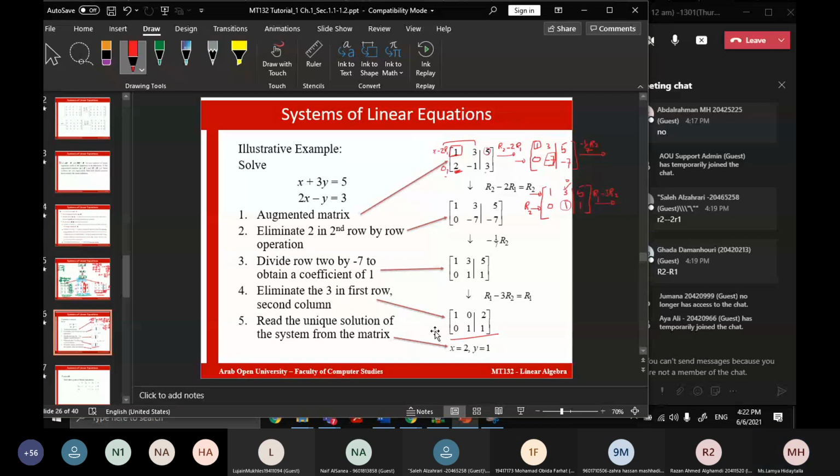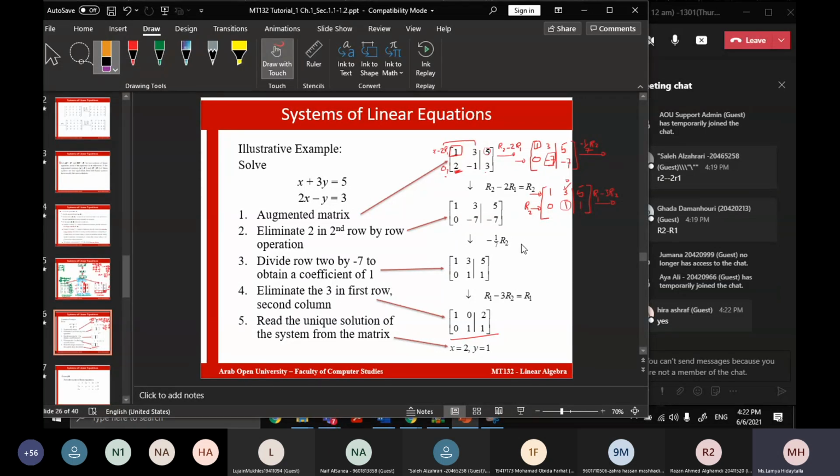Clear? Okay, I want to show you something. We said any system that is row equivalent to the first has the same solution as the first. Okay, what if I did not complete this one? Is it in reduced echelon form?